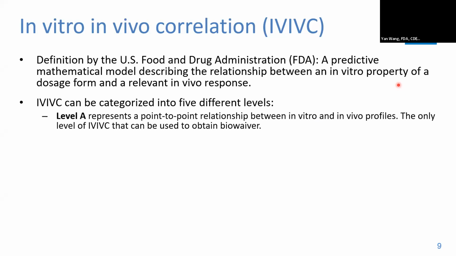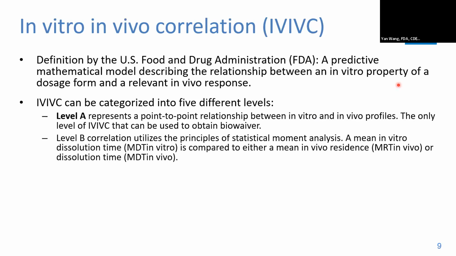In the guidance, there are different levels of IVIVC. Level A represents a point-to-point relationship between in vitro and in vivo profiles. This is the only level that can be used to obtain biowaivers, although the guidance also emphasizes multiple level C, which I'll talk about in a little bit.